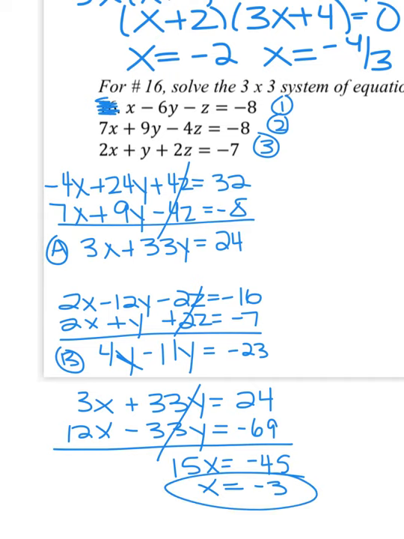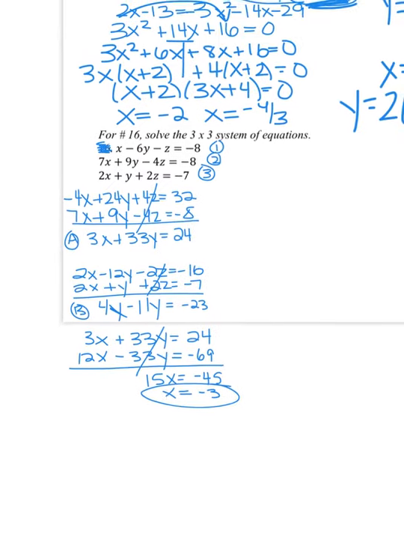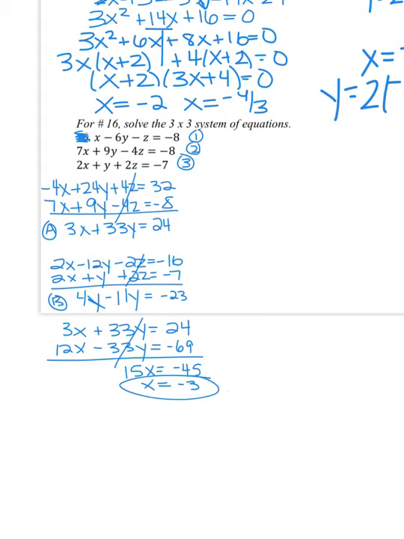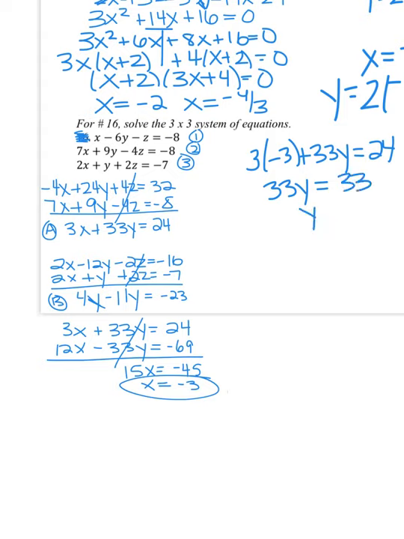Once I get one of them, I then plug it all back in. Okay, so if I do this for equation A, 3 times -3 plus 33y equals 24. 33y would be equal to 33. Oh, duh. And y is equal to 1.